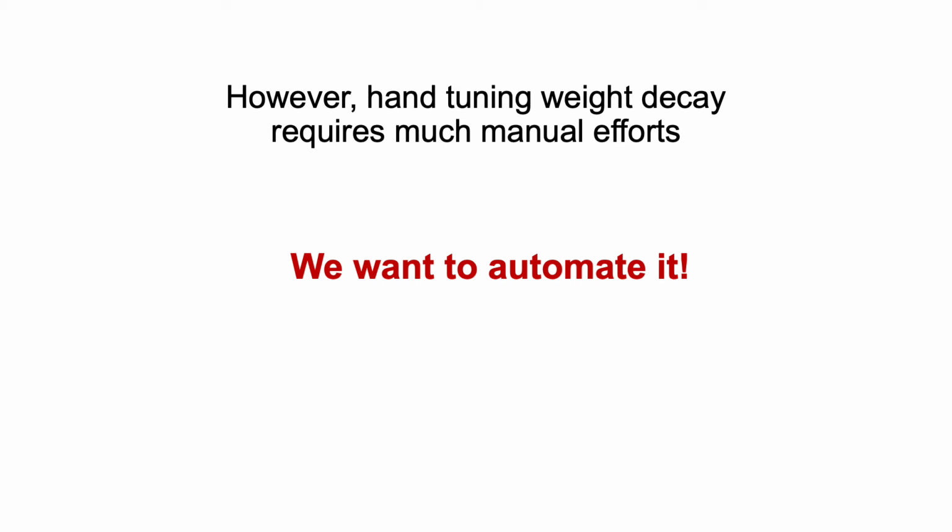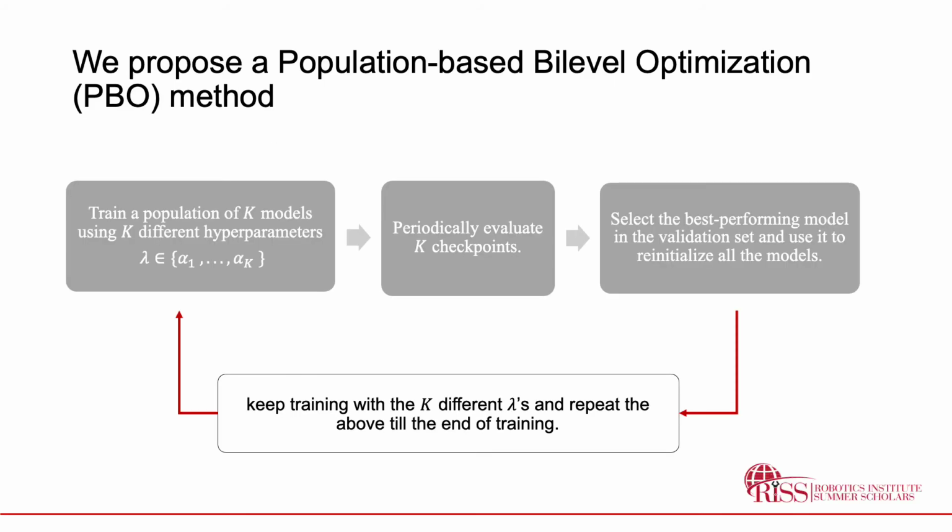However, hand-tuning weight decay requires much manual effort. Therefore, we want to automate it. And we proposed this algorithm, which we called population-based bilevel optimization. In this algorithm, we start with a population of k different models with k different hyperparameters. Then we train them for a period of time, and we evaluate them on the validation dataset.